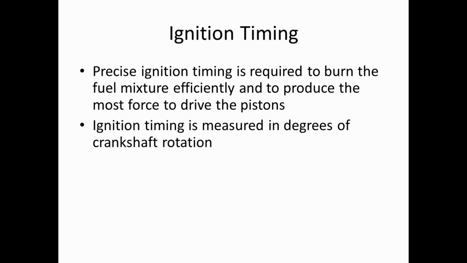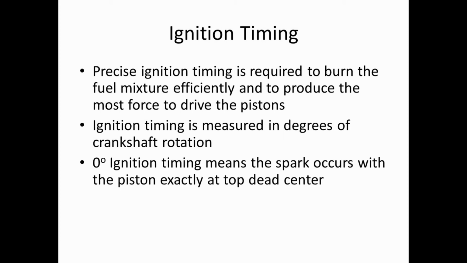Ignition timing is measured in degrees of crankshaft rotation. If you have 0-degree ignition timing, it means that the spark occurs with the piston exactly at top dead center, right at the top of the stroke.